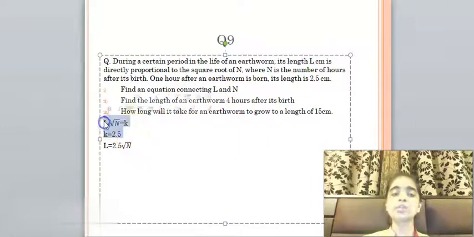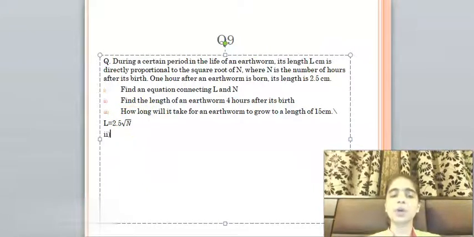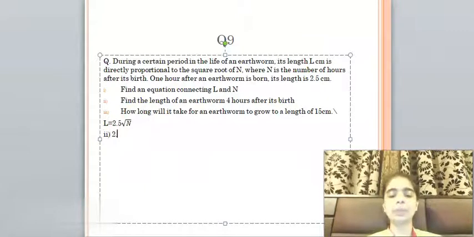Now part 2 says find the length of an earthworm 4 hours after its birth. So in place of n, we will put 4. Under root 4 will give me 2. So 2.5 multiplied by 2 will give me 5. So my answer is 5 centimeter.